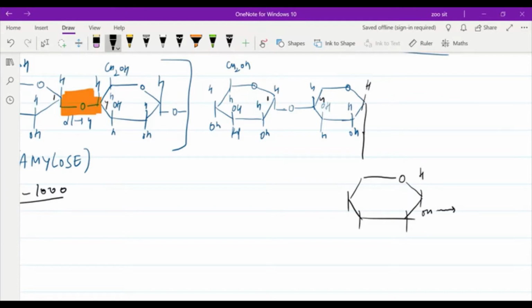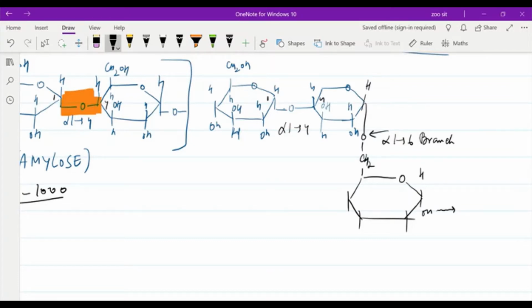But the branching point here will lead to formation of a bond between carbon number 6 of this sugar, CH2, linked by O, and this type of bond is known as alpha-1,6 linkage, the side branch point, and the rest of the bonds are again alpha-1,4 bonds.